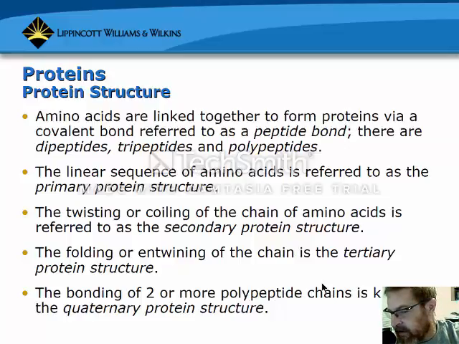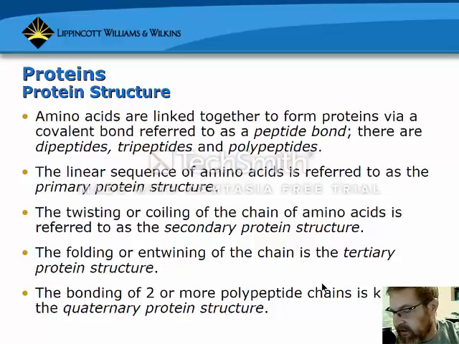Once you fold up that primary structure, then you get the secondary structures. The way I like to think of them is local folds, so those are little folds of a few amino acids.